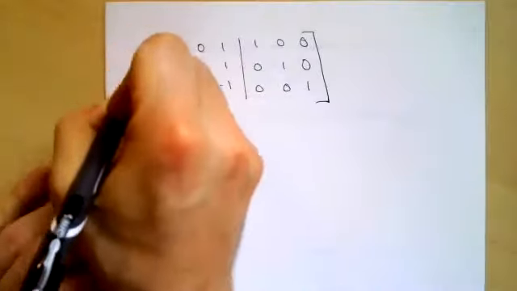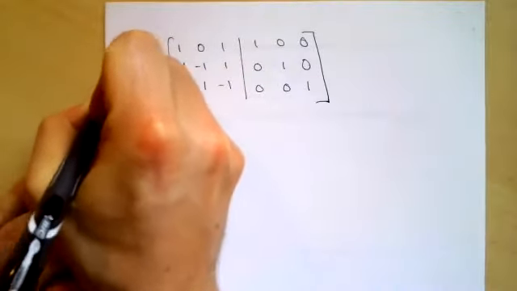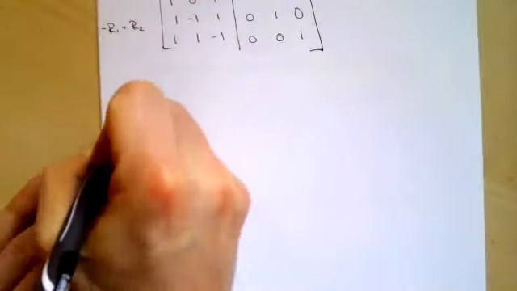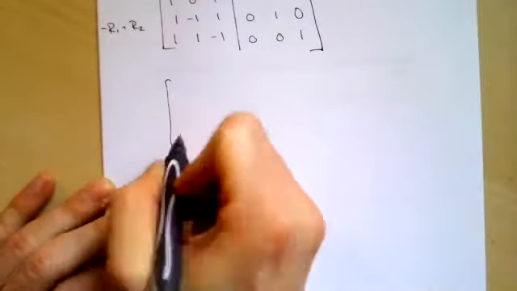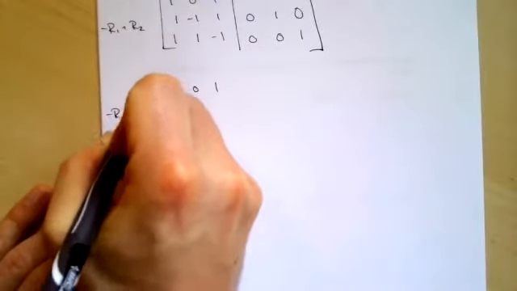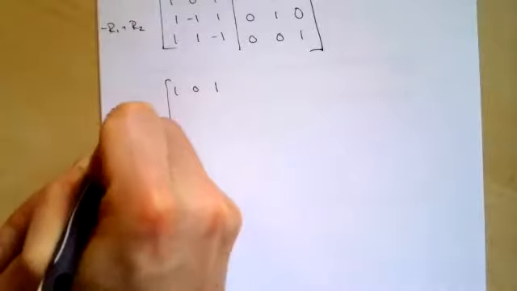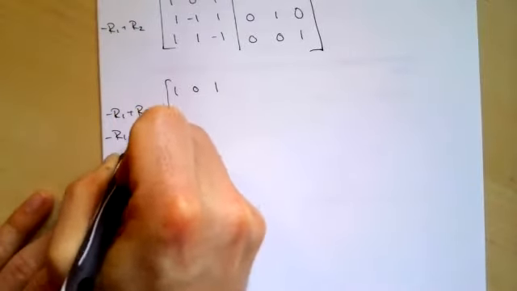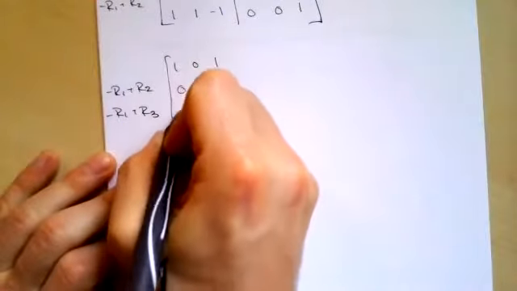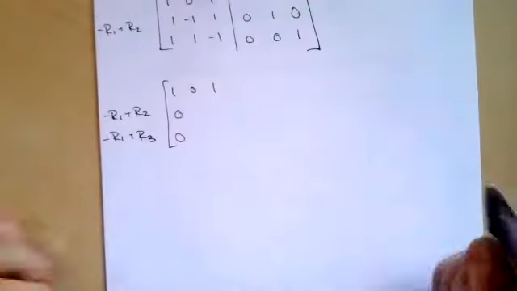So let's go ahead and do minus row 1 plus row 2. And sorry, let's do it down here. So 1, 0, 1, we'll have minus row 1 plus row 2, and minus row 1 plus row 3 to get rid of those leading ones below the top column.